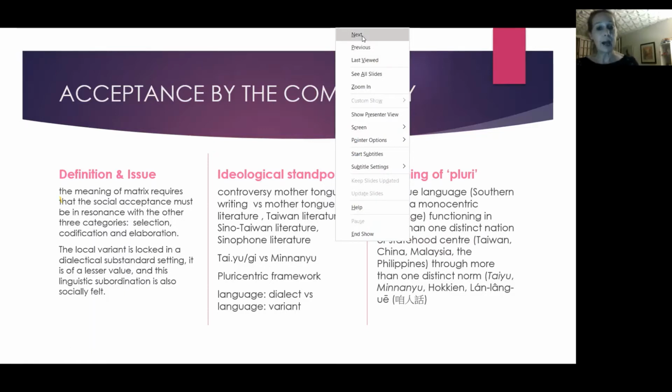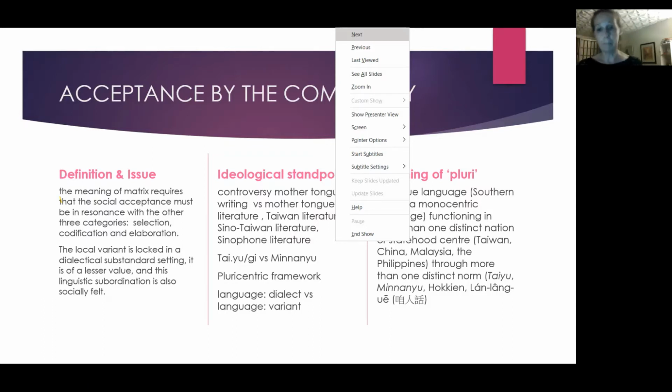And each one has its distinct norms. So in Taiwan, we can say we speak Taiyu. In the mainland, it will be Minnanyu. In Malaysia and Southeast Asia, it's called Hokkien. And in the Philippines, we refer to the term Lan-nang-ue.